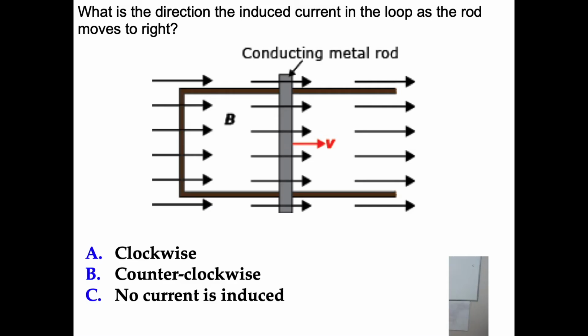All right, so you guys can see the poll question in the polling box. You're given a rod on rails. The rod's moving to the right in that magnetic field. What I would like for you to figure out is the direction of the induced current in that loop. Granted, it only has 3 choices.